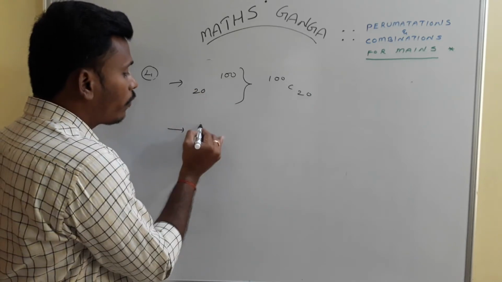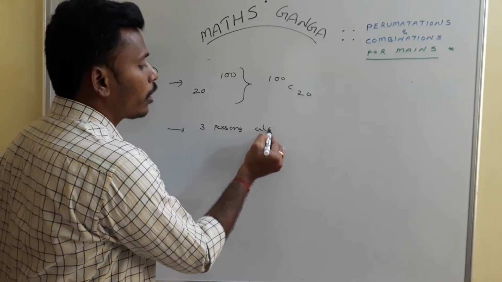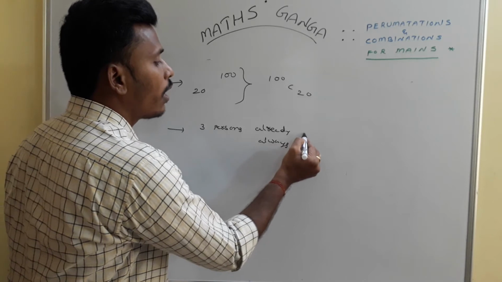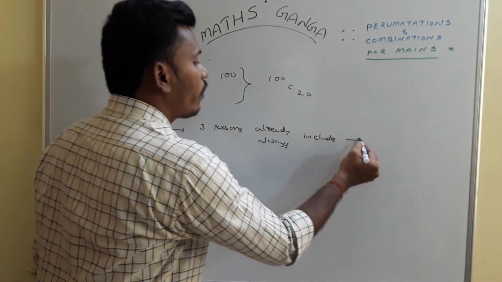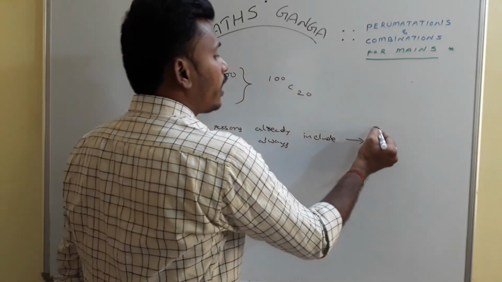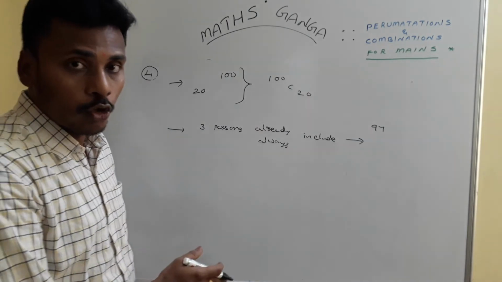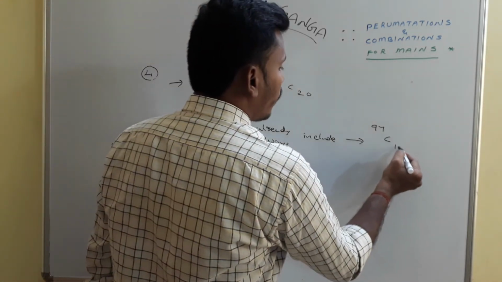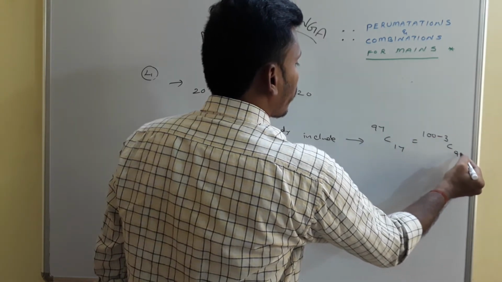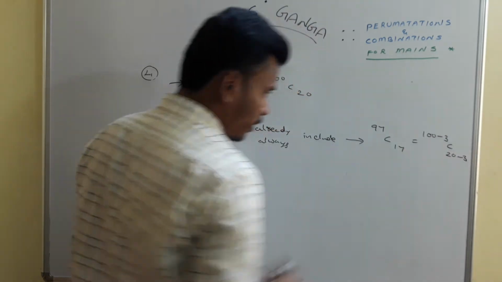For example, if 3 particular persons are always included, out of those 100, then how many persons will remain? There are 97, and I need to select 20 persons, but already 3 are included. Then how many have to be selected? Only 17. So it can be done in 97C17, nothing but (100 minus 3)C(20 minus 3).